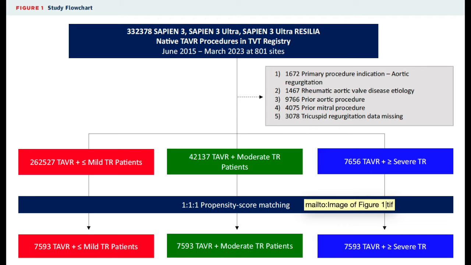So when we propensity match the group for risk, I understand when you propensity match, you tend to end up with a little bit higher risk group of the mild TR. And we looked at what happened with the 3-year mortality with those cohorts.